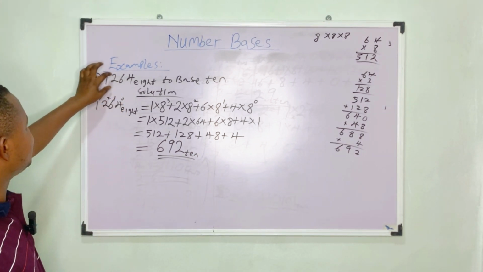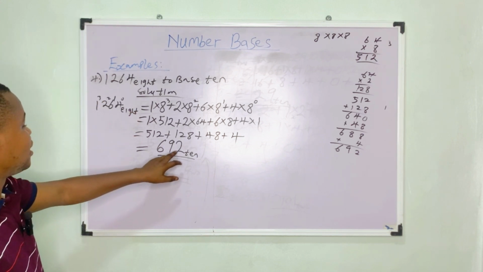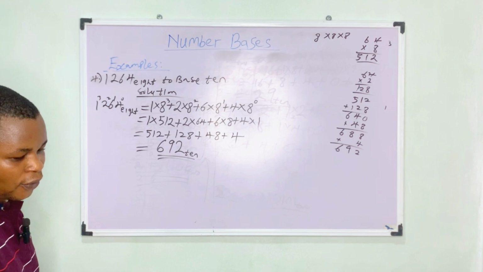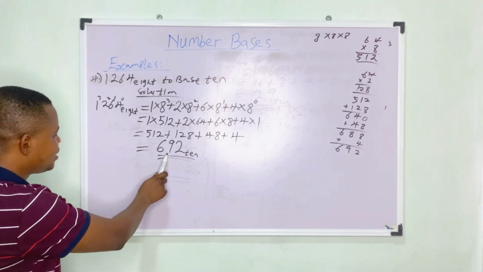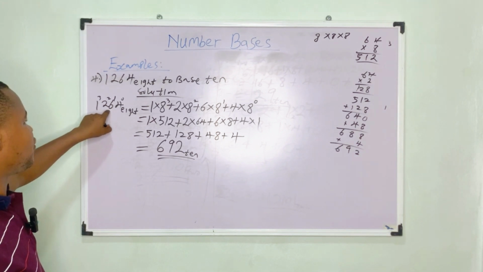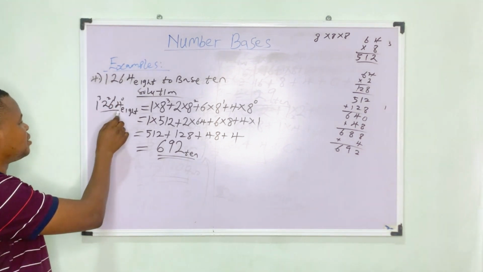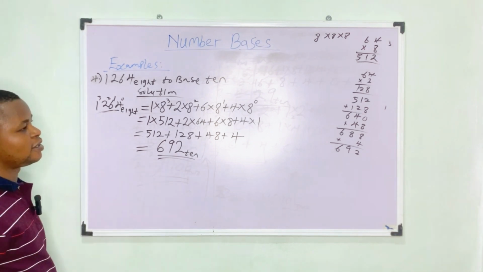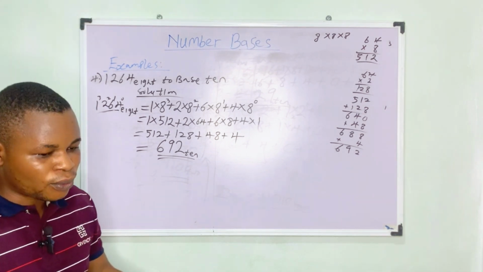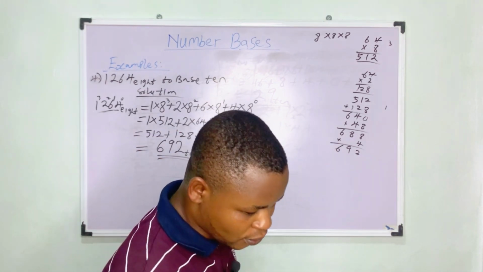So we just converted 1264 in base 8 to 692 in base 10. For clarity, let's convert this 692 in base 10 back to its original form in base 8. Our answer must be the same as this if everything goes well, if we solve it correctly.